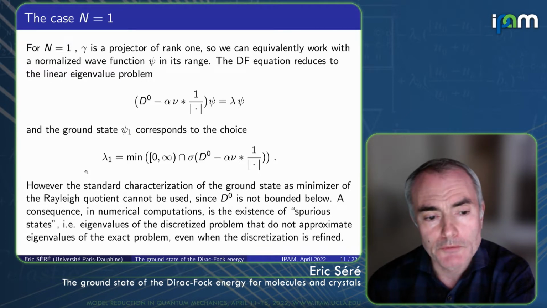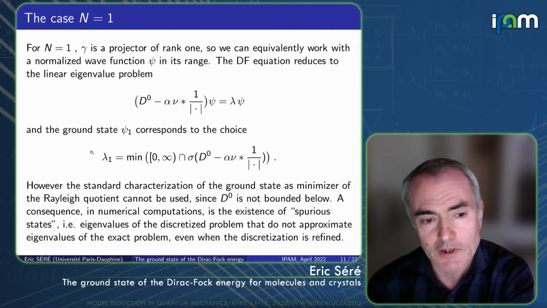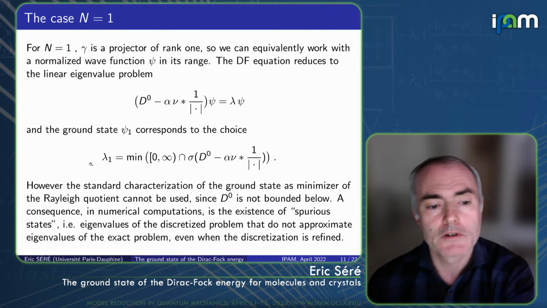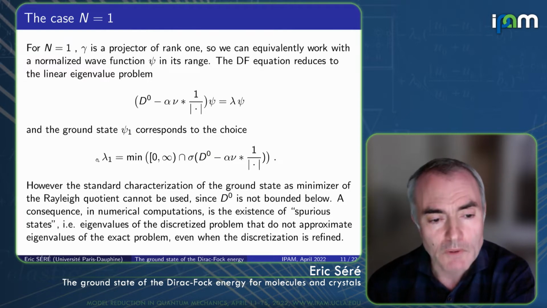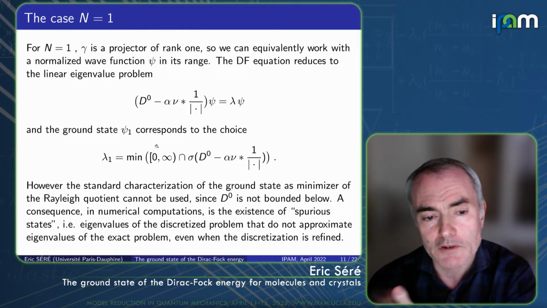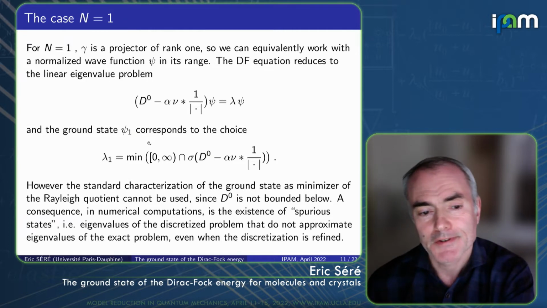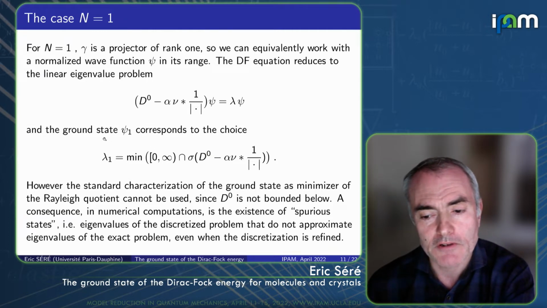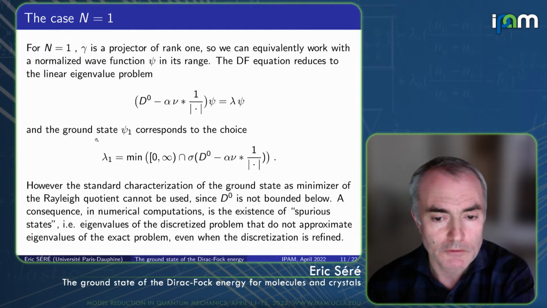Even from a numerical point of view, this can create some difficulties when you discretize such a problem, because this lambda 1 is not the smallest eigenvalue. Below lambda 1, there are infinitely many elements of the spectrum, and so this might cause spectral pollution. But I don't want to go into this too much.